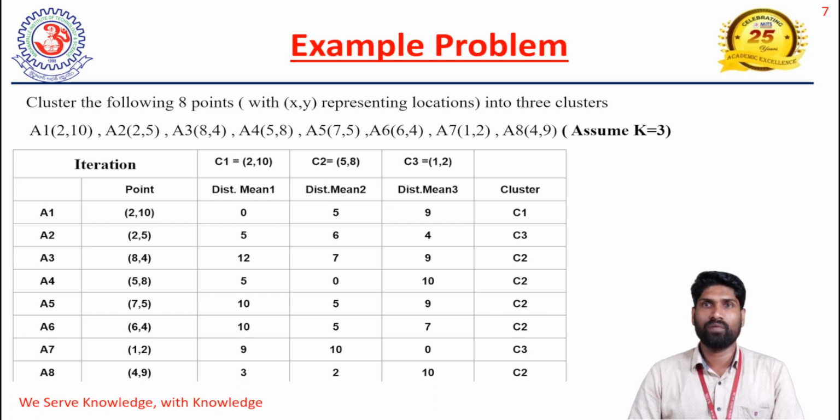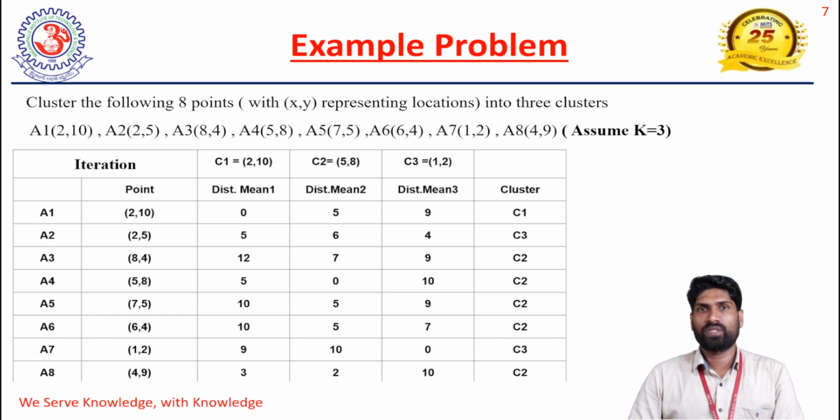A1 to A8 are assigned as points for better understanding. A1 is 2 comma 10, x comma y is 2 comma 10, x1 is 2, y1 is 10. A2 is 2 comma 5, A3 is 8 comma 4, A4 is 5 comma 8, A5 is 7 comma 5, A6 is 6 comma 4, A7 is 1 comma 2, and A8 is 4 comma 9. I just named them A1 to A8.